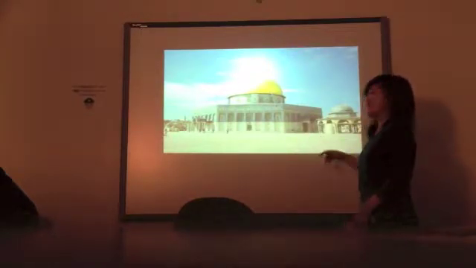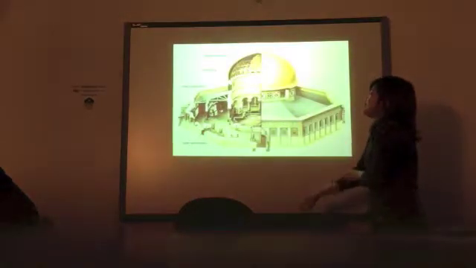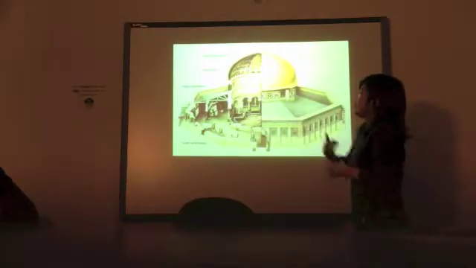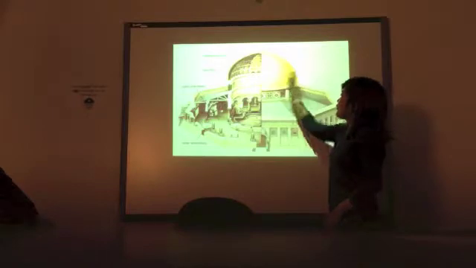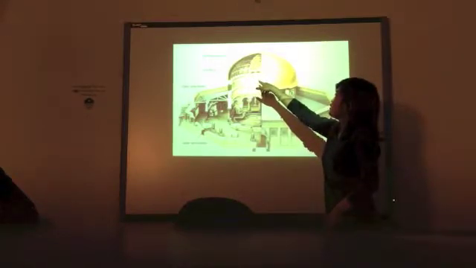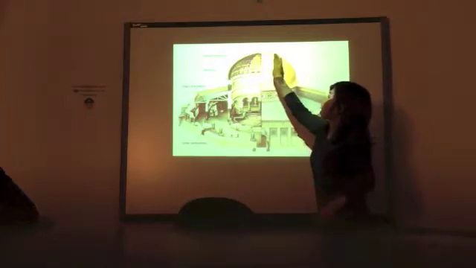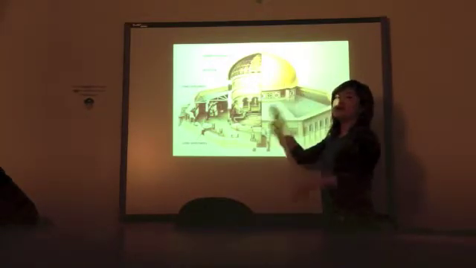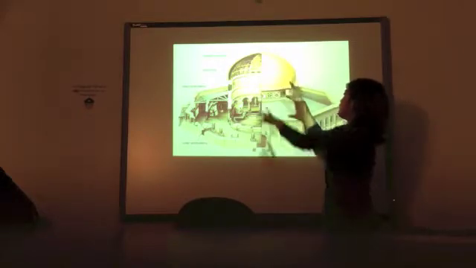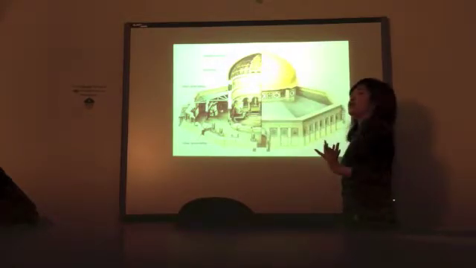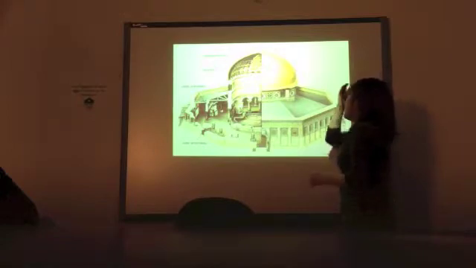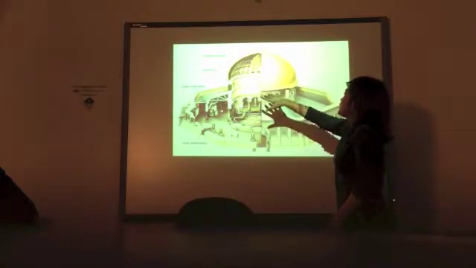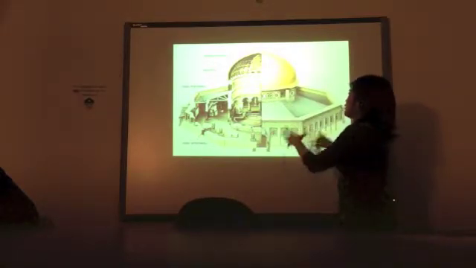Next one. This picture shows the size of the actual building. Here you can see this is the double timbered dome, because there's the wooden structure that's kind of like a skeleton to the dome, and the outside part is covered with the metal, like I mentioned. And there's the drum that's actually supporting the dome.